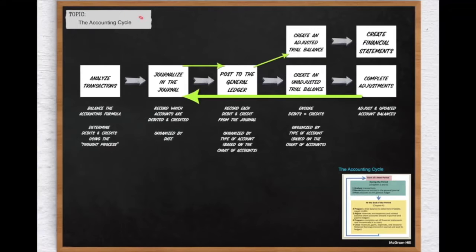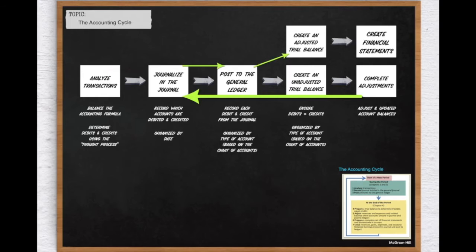Before going into chapter 3, let's go over an overview of the accounting cycle, or what we've been working on thus far in chapters 1 and 2. First, we analyze transactions. There are business transactions going on, so we have to analyze them to be able to record them.